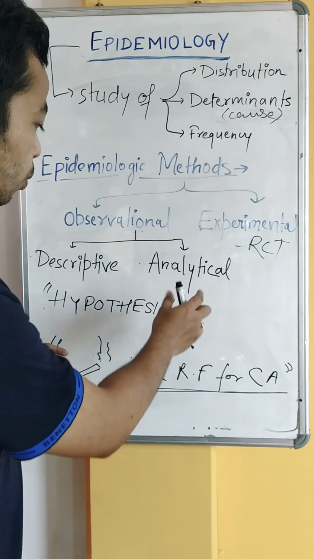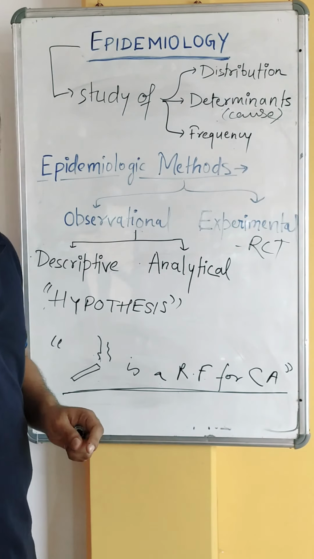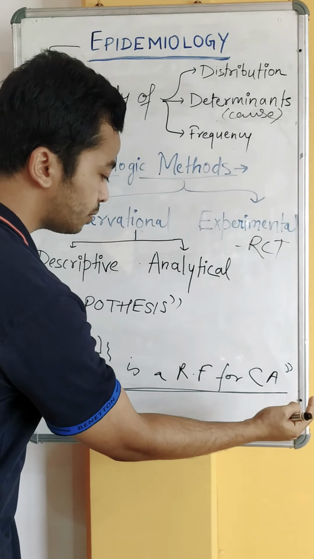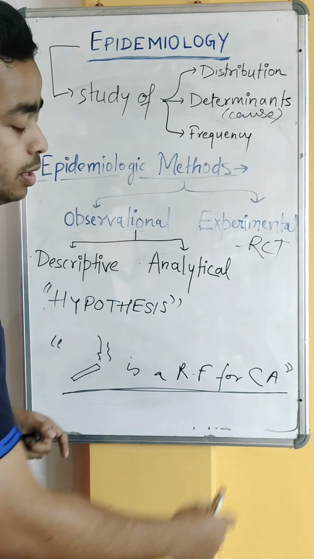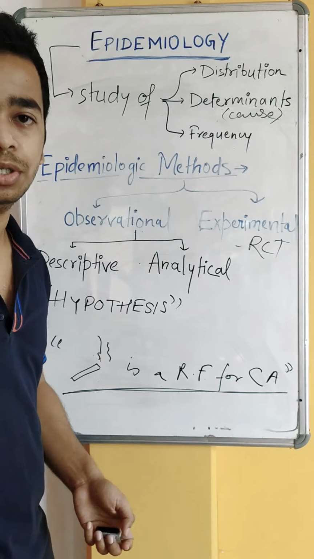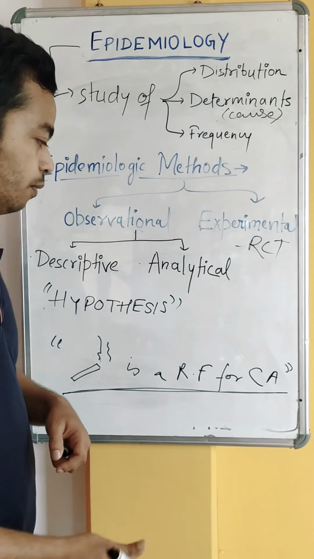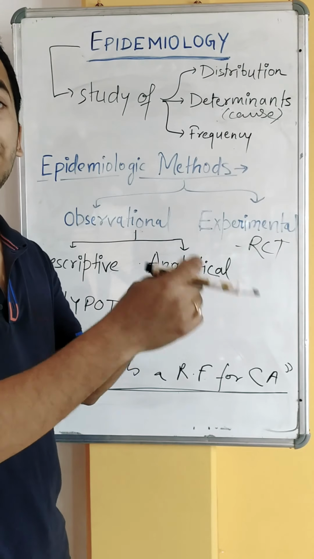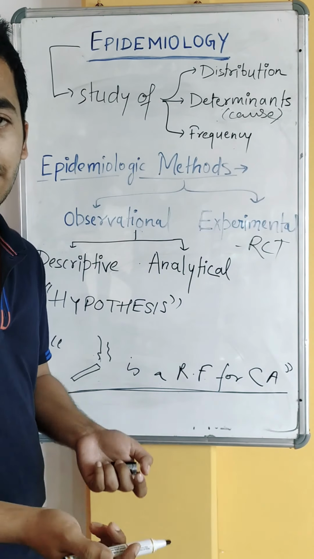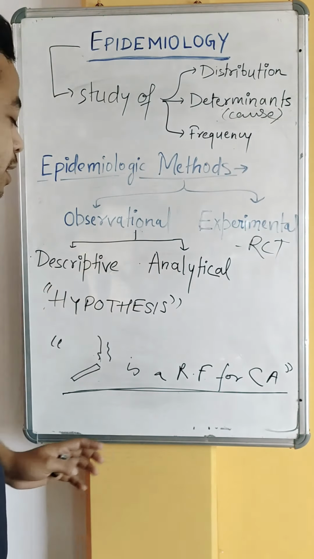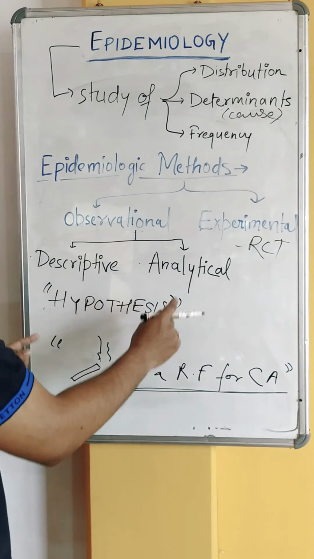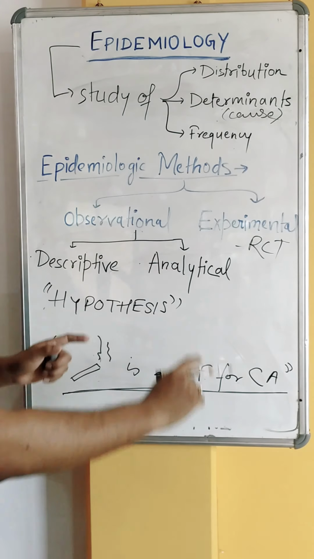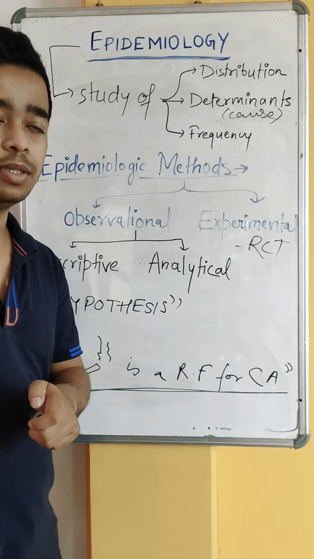In analytical studies, we try to check this hypothesis in the population. We will take some lung cancer patients and see their history, whether they are smoking or not. So in analytical studies, we check the hypothesis that we obtained from descriptive studies.